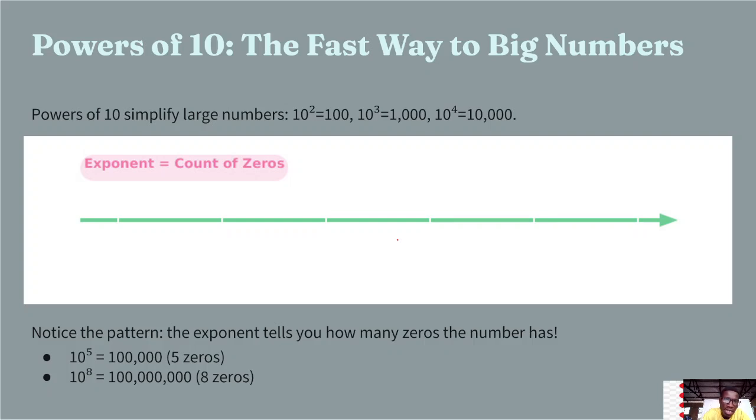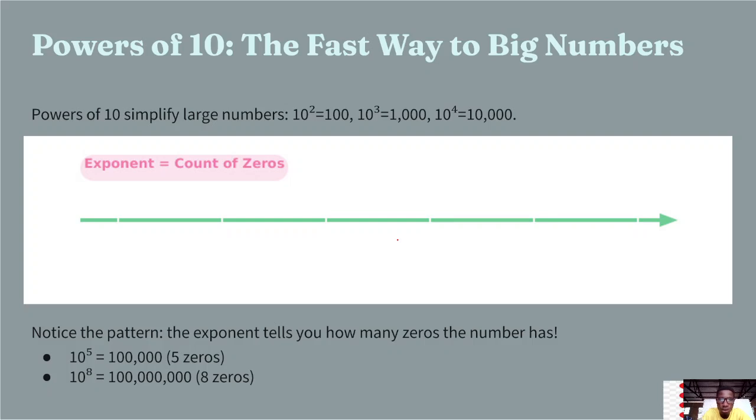And that also means that the number of zeros to add should be equivalent to the exponent that the base carries. Powers of 10 just means that 10 will be the base, with its assigned exponent.